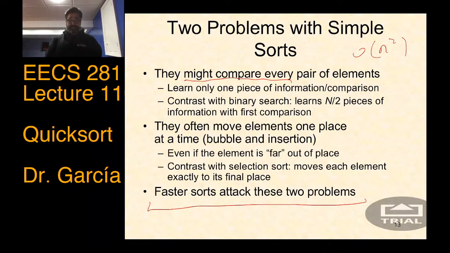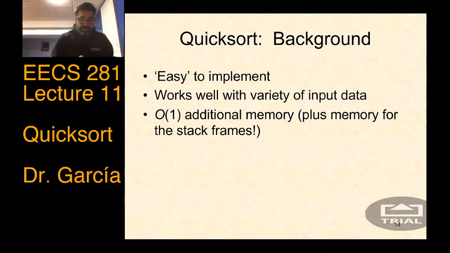All right. So Quicksort, some background. We would say it's easy to implement. Here, a caveat on what we mean by easy. There's not many lines of code that you'll need to implement Quicksort. Now that said, there are very easy ways in which you can introduce bugs into the algorithm.